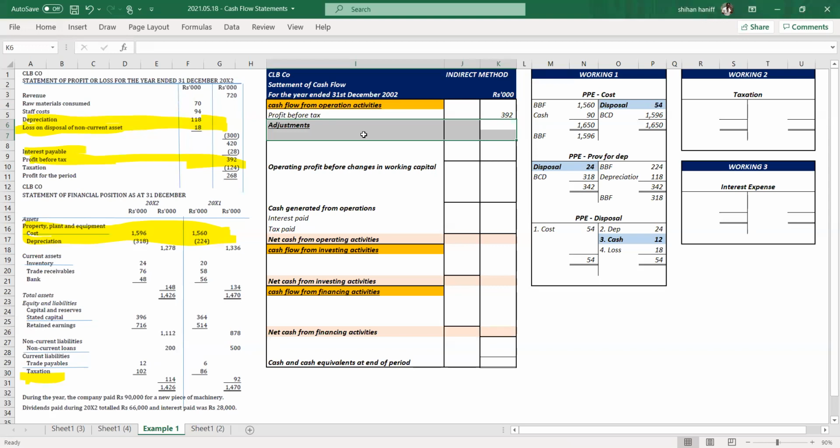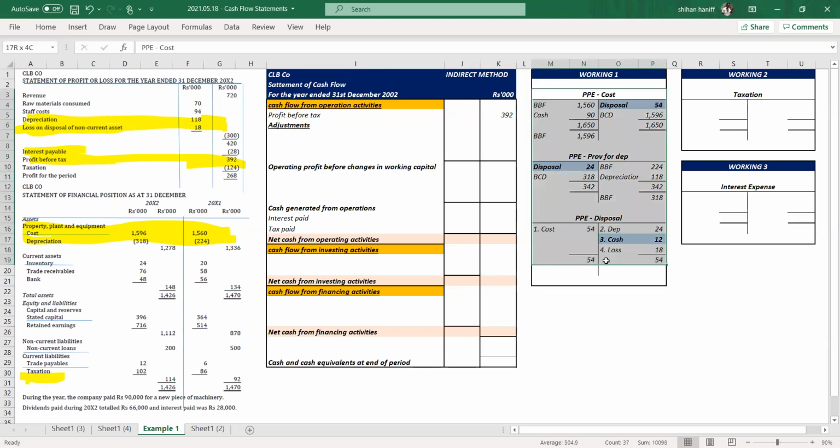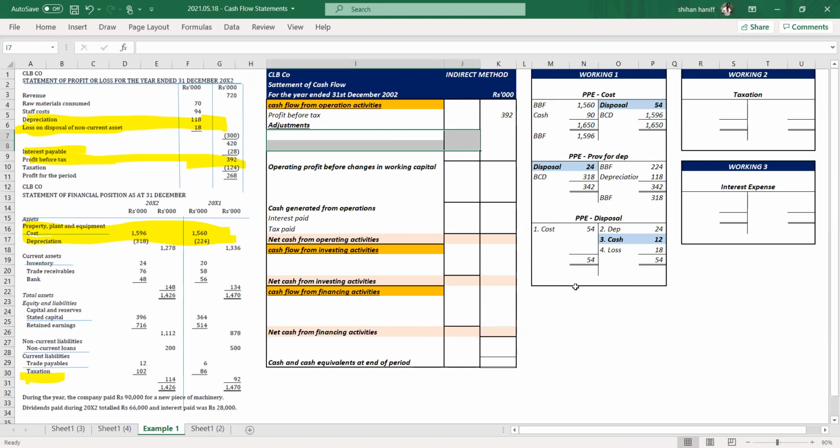Then the transactions of the PPE. So there will be two adjustments. One is depreciation, the other is disposal loss. Two adjustments.